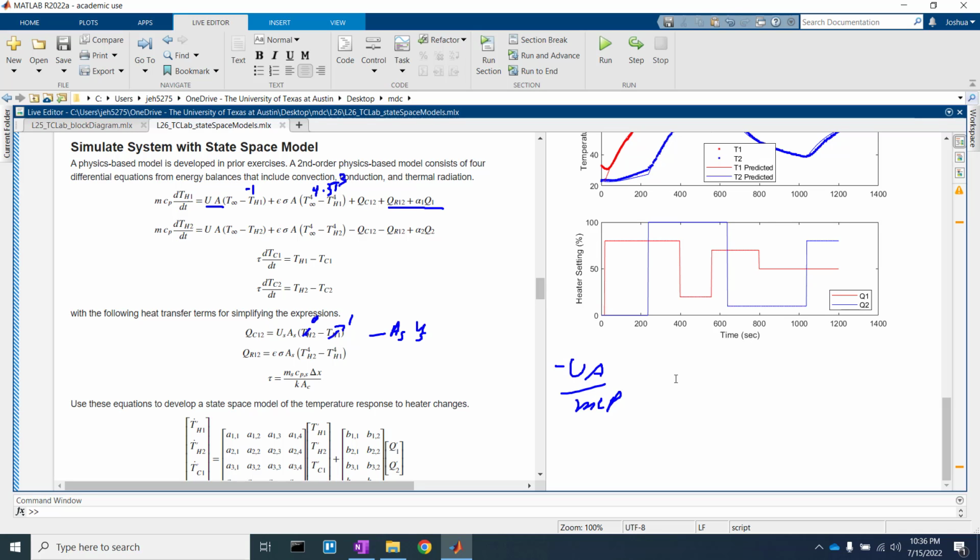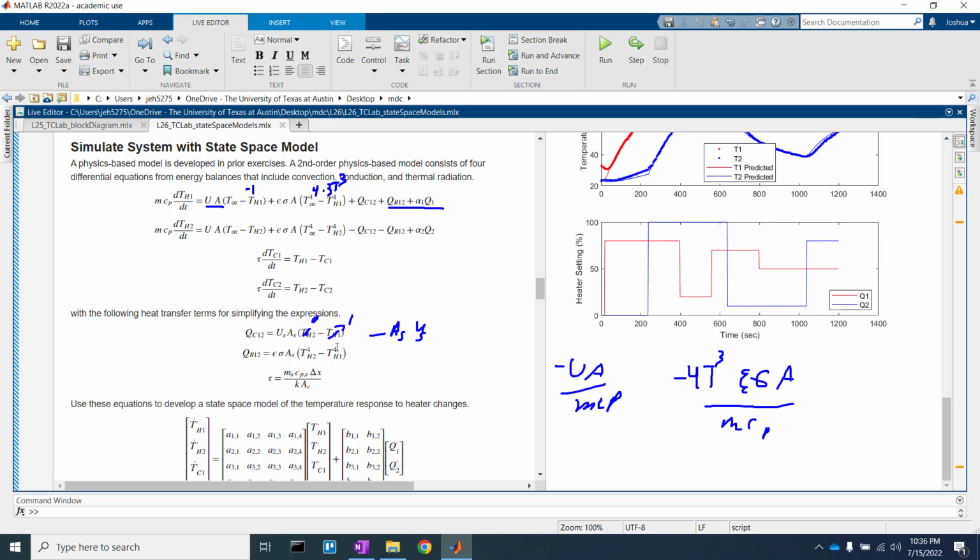We also have negative 4T to the third epsilon sigma area over MCP. We have our, let's look at our QC12.